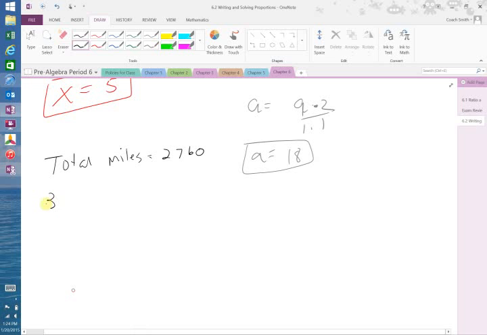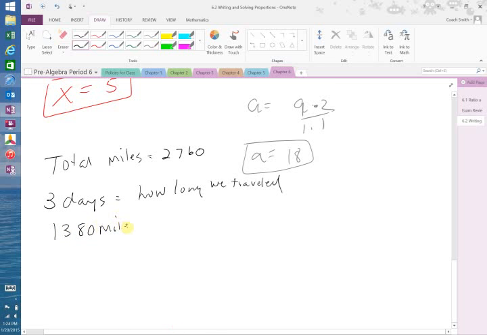So next one is 3 days. That's how long we've traveled. What's the next number they gave us? 1,380. So 1,380 miles is equal to how far we went in 3 days.